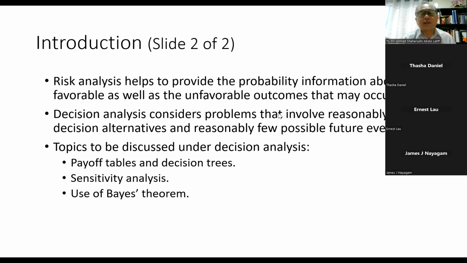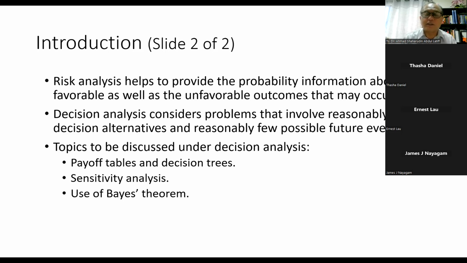So we look into risk analysis. Risk analysis provides probability information about whether it is a favorable or unfavorable outcome. We call it payoff. Payoff is how much it will pay to us, the result. Decision analysis will consider problems involving a reasonable few decision alternatives.